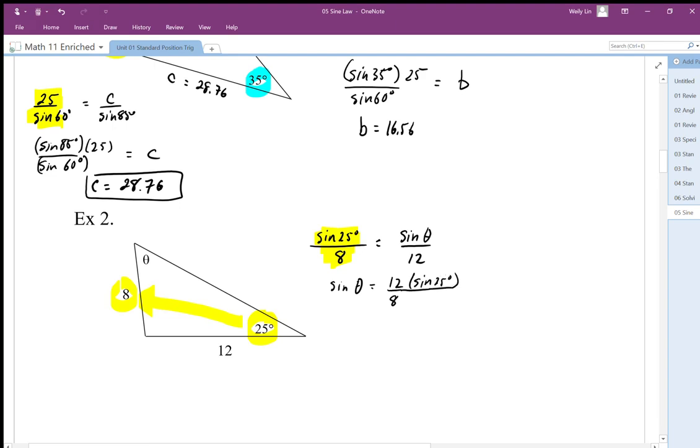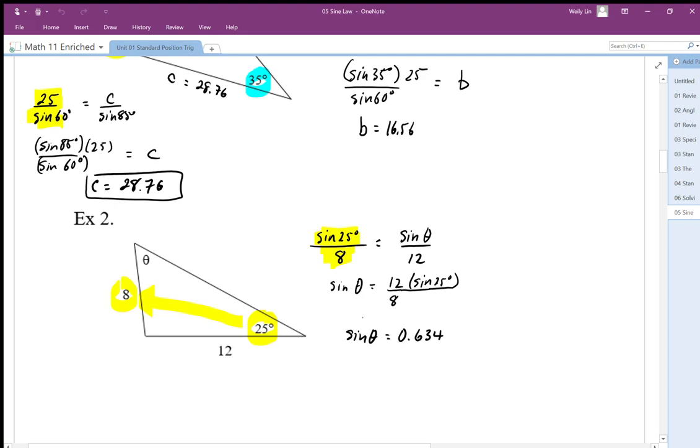So divide on bottom, times on top: 12 times sine 25 divided by 8, and that gives me a sine ratio of 0.6339. Try to use at least three decimals, so I'm going to round that to 0.634.